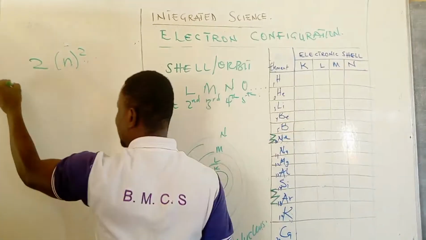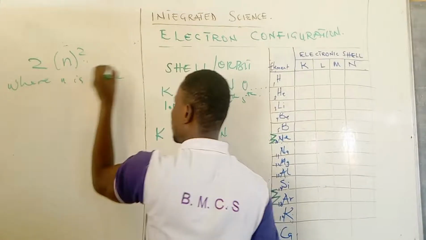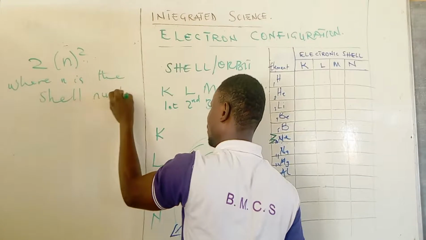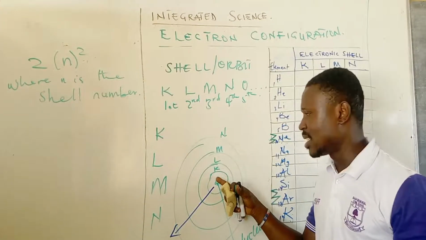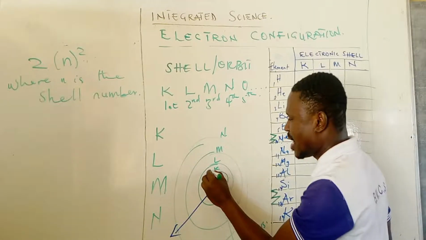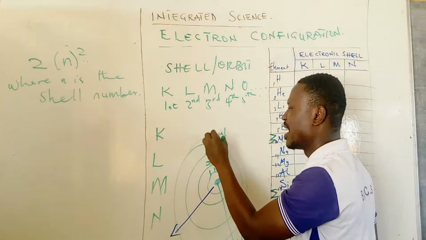We said from the nucleus, the closest is the first shell, second, third, and fourth. And so K is 1, L is 2, M is 3, and N is 4. So if you want to know the number of electrons each of these shells can contain, then we apply this formula, 2 into bracket n squared.